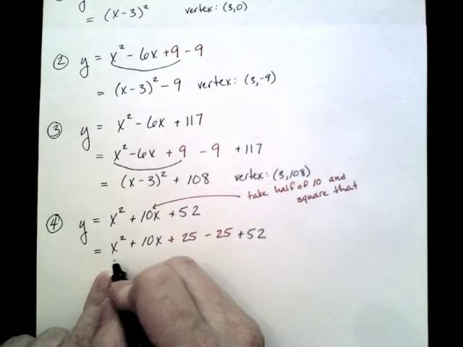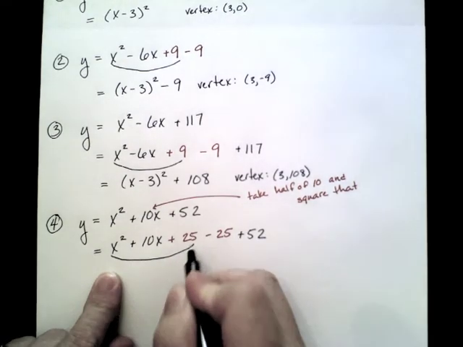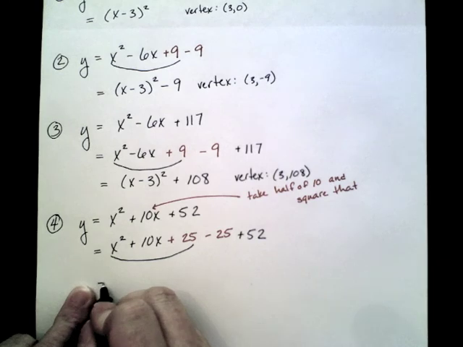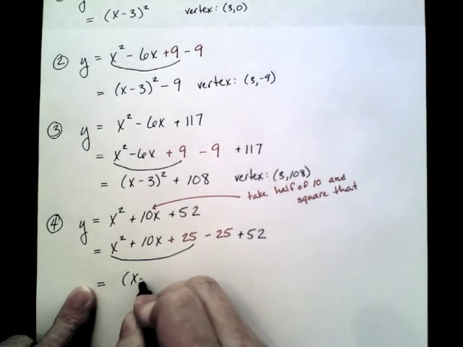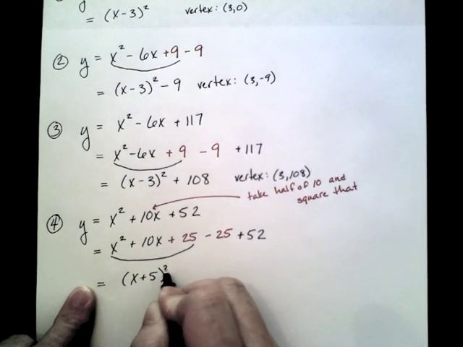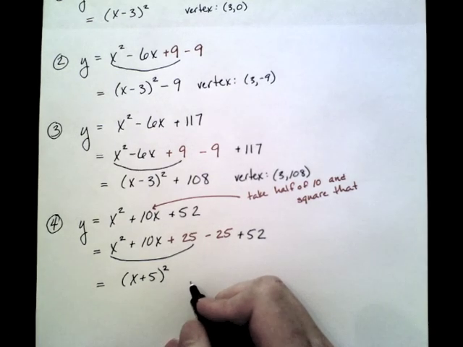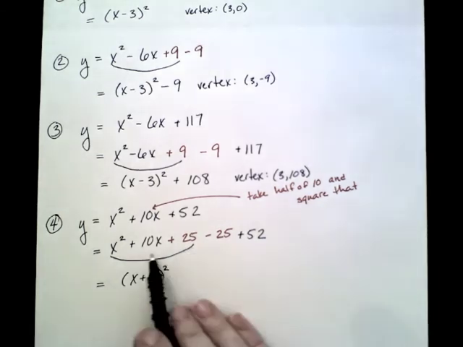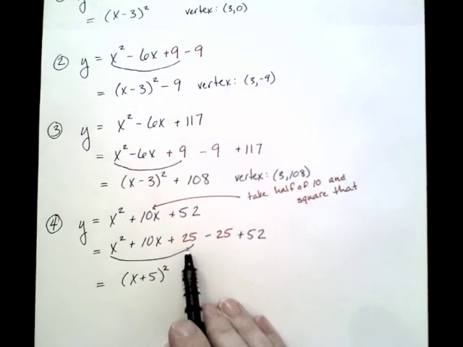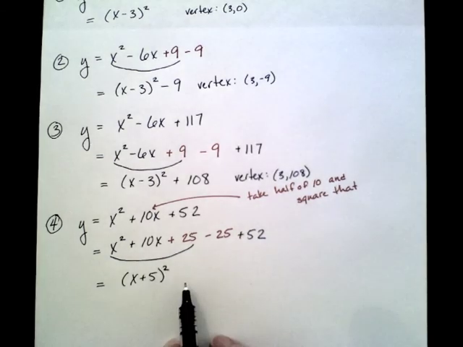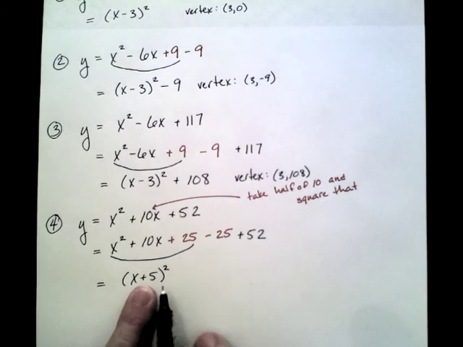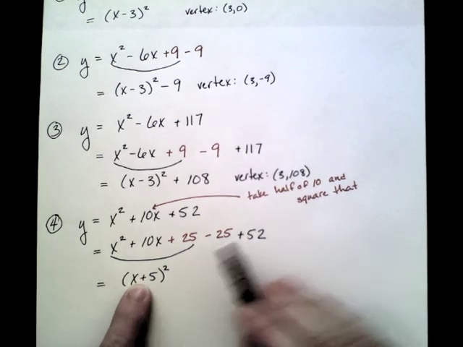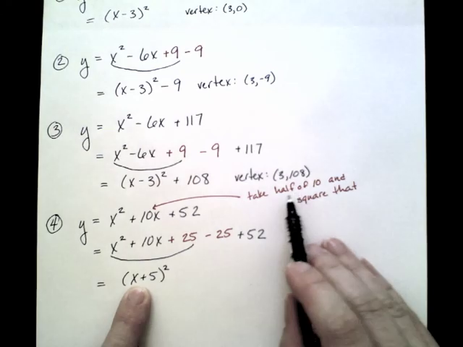And now this part right here is my perfect square. That is x plus 5 squared. I know that both because I can see that that's how that factors, and also the completing the square process will always be x plus whatever half of this was.